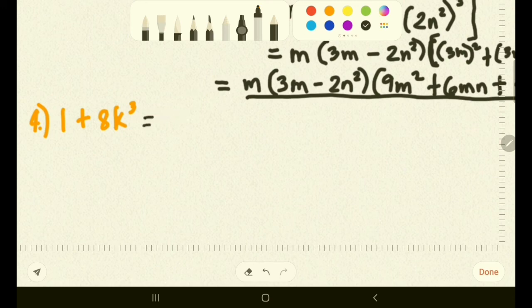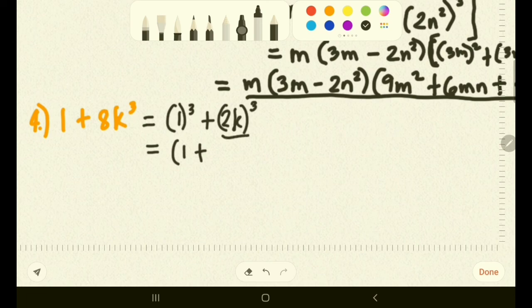So again, you express each term to the power of 3. So you have 1 cubed plus, expressing 8k cubed to the power of 3, the quantity of 2k cubed. And then, you take the bases of each term. The base of 1 cubed is just 1, plus the base of the second term, that is 2k. And then you get the trinomial factor.